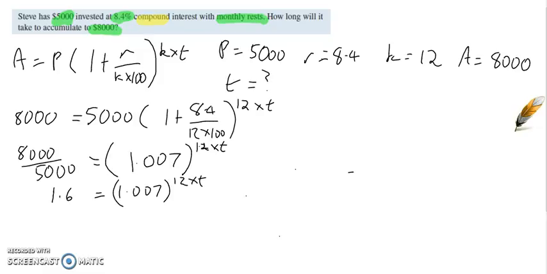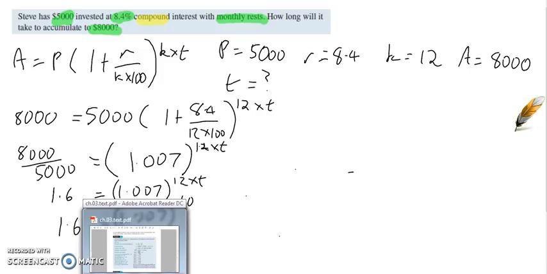You can choose whatever you like. You just have to realize that you start with one number and then use a second number and narrow down the field. So 1.6 equals 1.007 to the power of 12 times 5, which is 60. And I'll see how close I get.